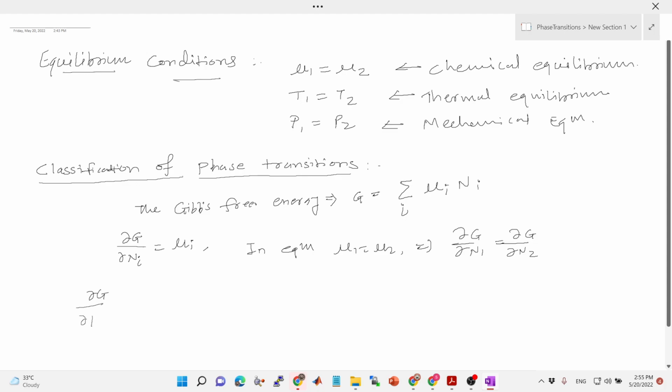So delta G by delta P at constant temperature and number of particles, and delta G by delta T at constant pressure and number of particles, have no restriction. What that means is they can have different values. They need not be the same.